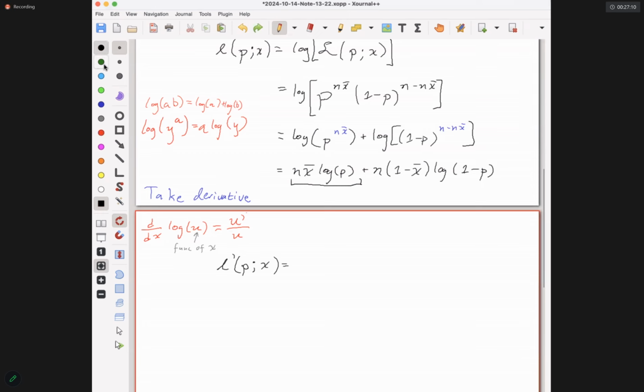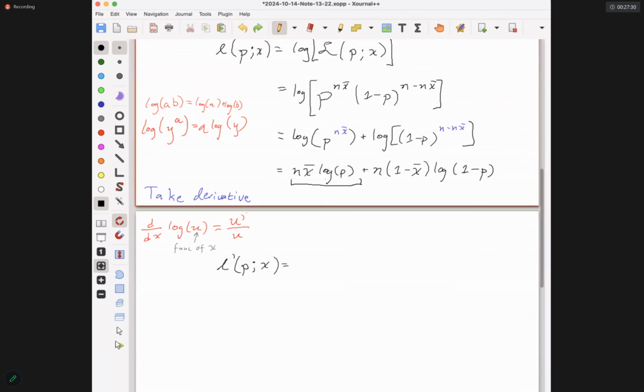So here we're not differentiating with respect to x, we're differentiating with respect to p. But we'll take the derivative of the inside of our log with respect to p, which is just 1.